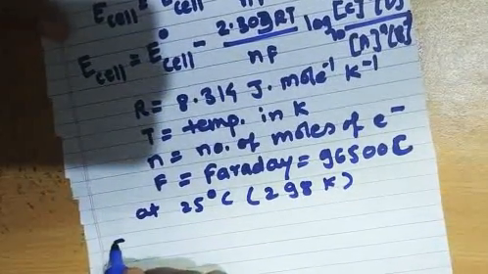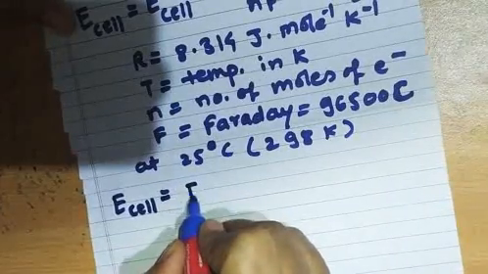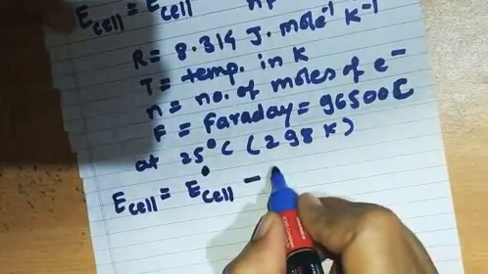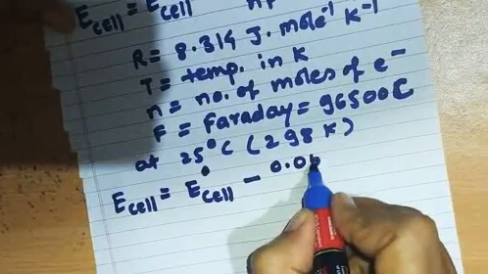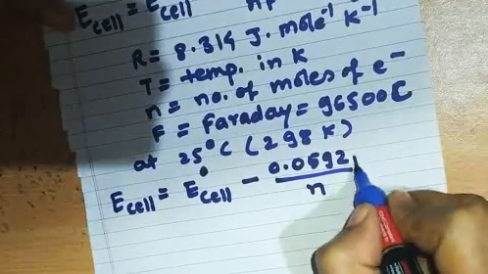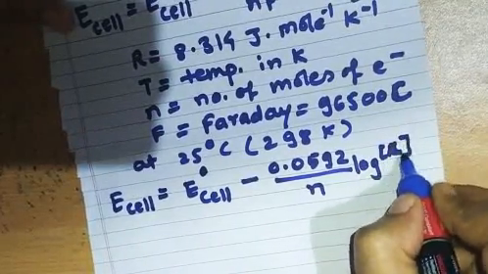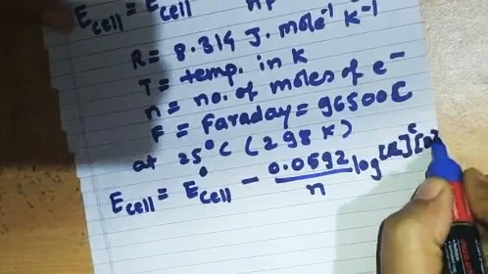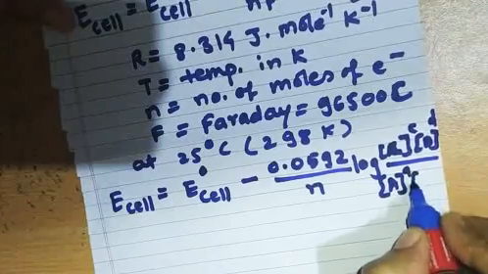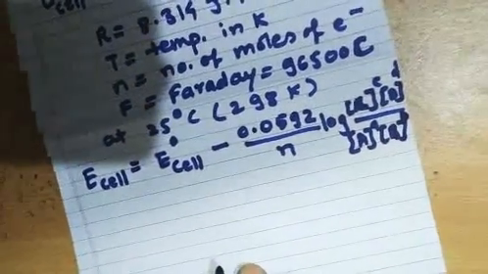Then finally we have the equation: E cell is equal to E naught cell minus 0.0592 divided by n log of concentration of C raised to c into D raised to d upon A raised to a into B raised to b, like this.